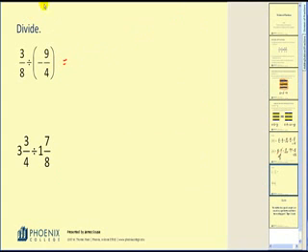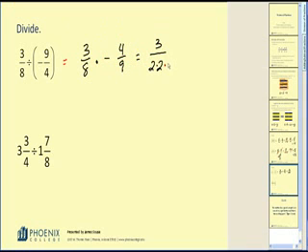This one introduces a negative fraction. This would become 3/8 times negative 4/9. Again, I'm going to simplify it before I multiply. Prime factors of 8 would be 2 times 2 times 2. Prime factors of 4, of course, are 2 times 2. 9 would be 3 times 3. And we've got to be careful.